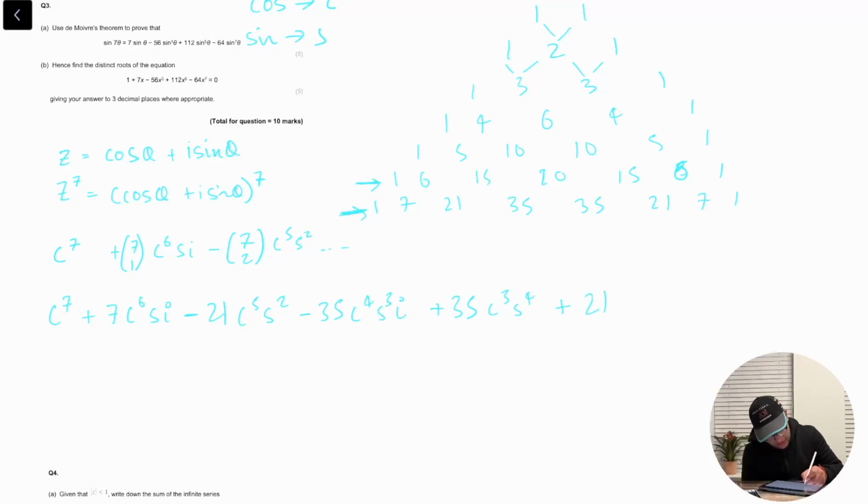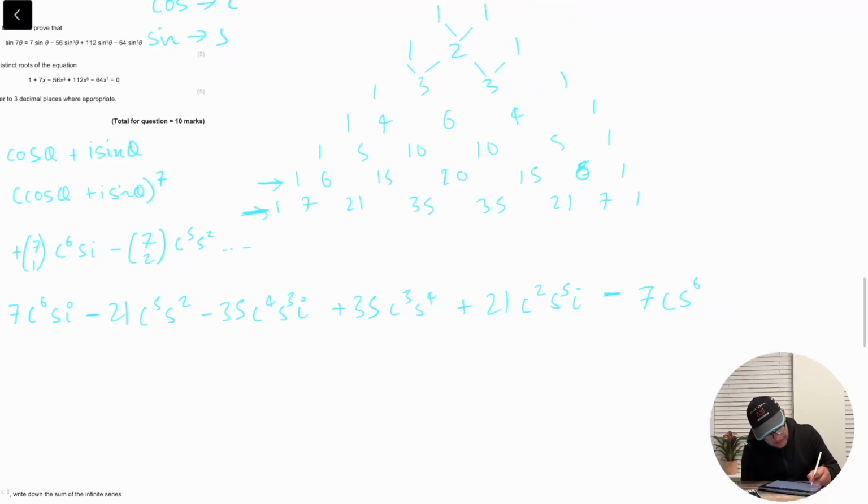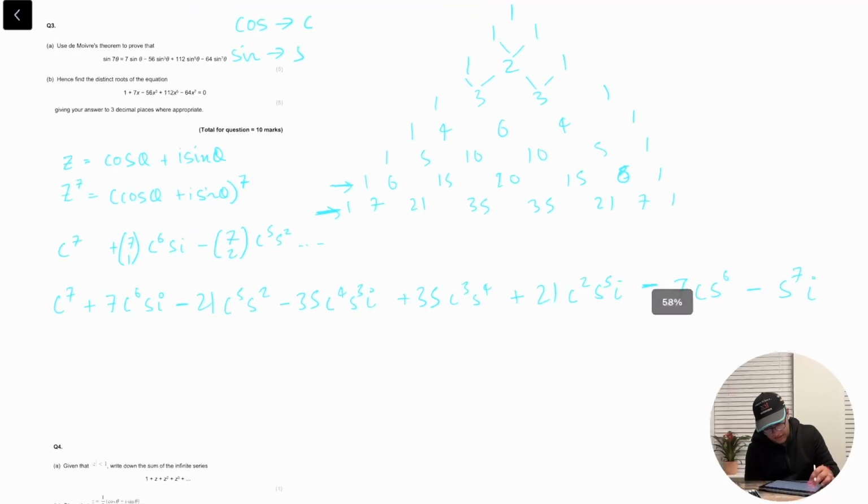Plus 21 cos squared sine^5 i again. Then minus, because it's going to be i squared now, 7 cos sine^6. And lastly, it's going to be minus again, sine^7 i.